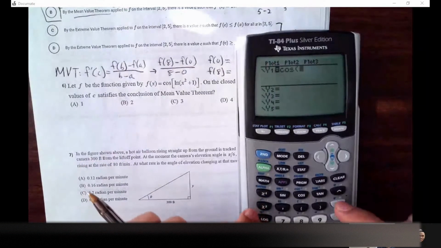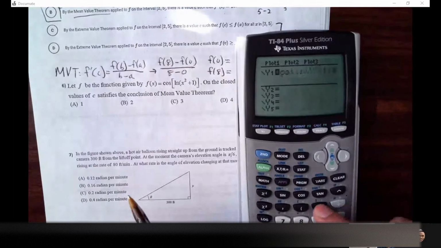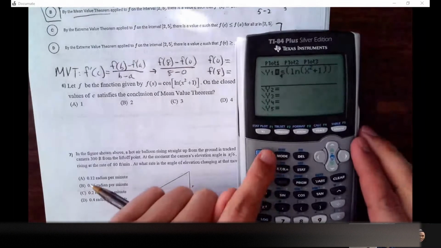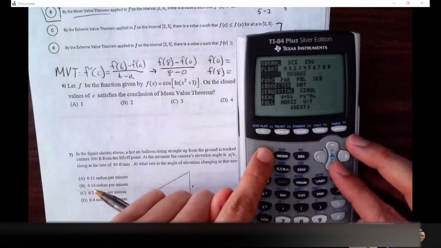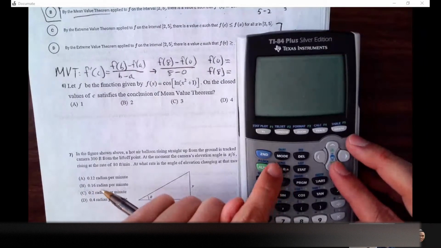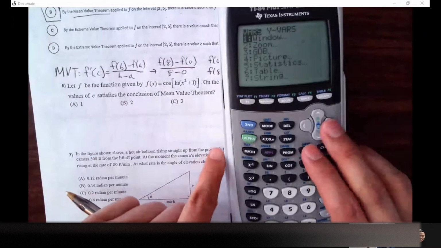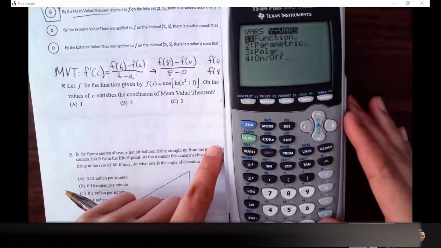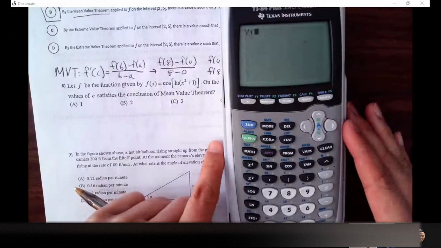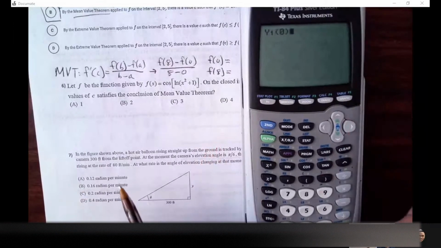So cosine of natural log of x squared plus 1, close parentheses twice. Make sure I'm in radian mode. If I do vars, y vars, scroll over, function y1, I can find y of 0, which is 1.